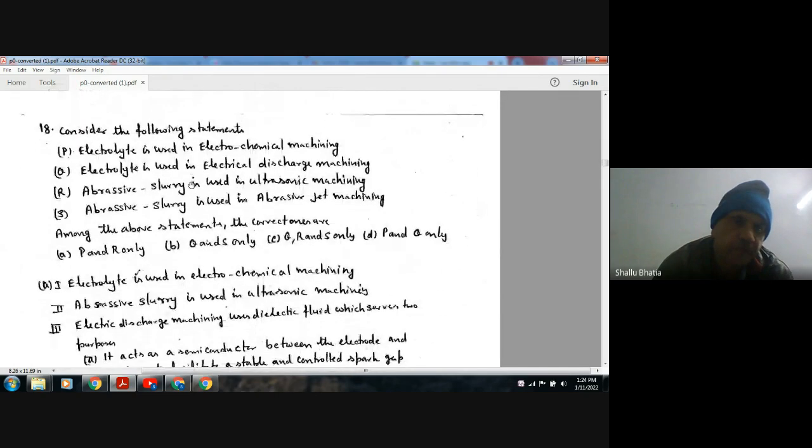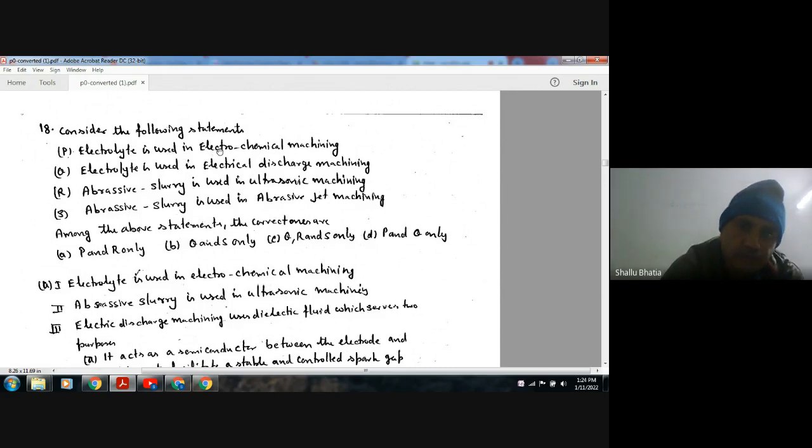Next, consider the following statements. P: electrolyte is used in electrochemical machining. Q: electrolyte is used in electrical discharge machining. R: abrasive slurry is used in ultrasonic machining. S: abrasive slurry is used in abrasive jet machining.